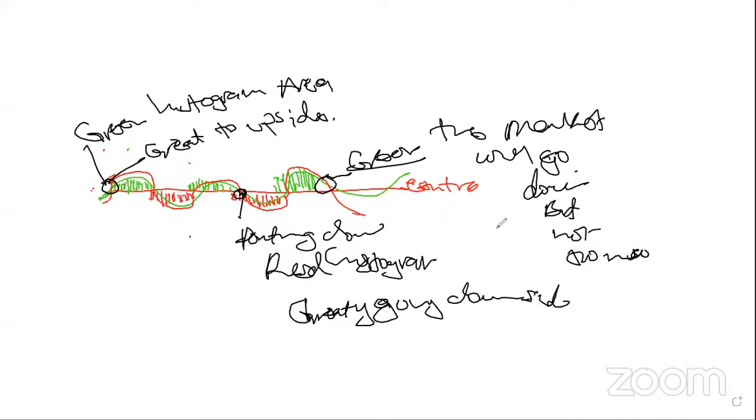Like I've said on this side, the same thing when this crossover pointing up happens in the red histogram area: the market will go up, but not too much.